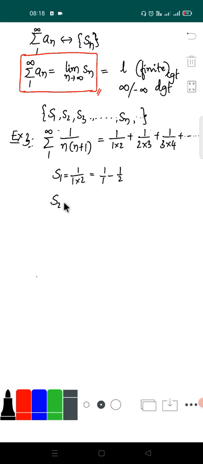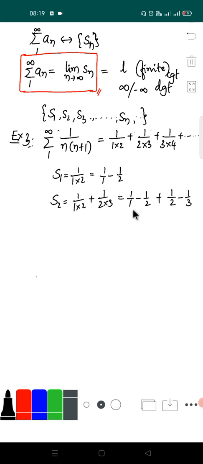Okay, S2 is nothing but 1 by 1 into 2 plus 1 by 2 into 3. So here this term can be expressed as 1 by 1 minus 1 by 2, plus this term can be expressed as 1 by 2 minus 1 by 3.